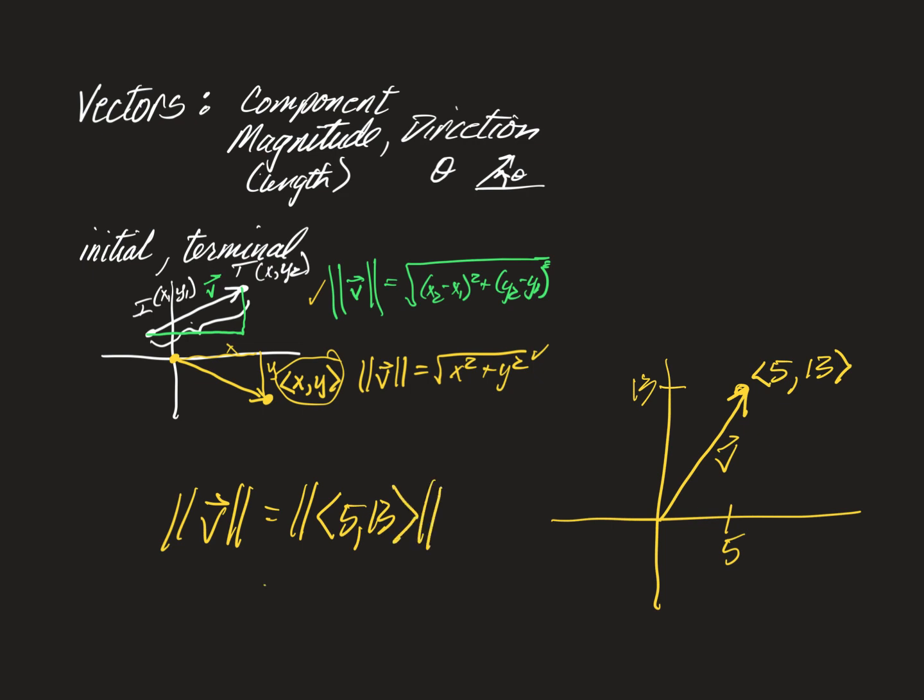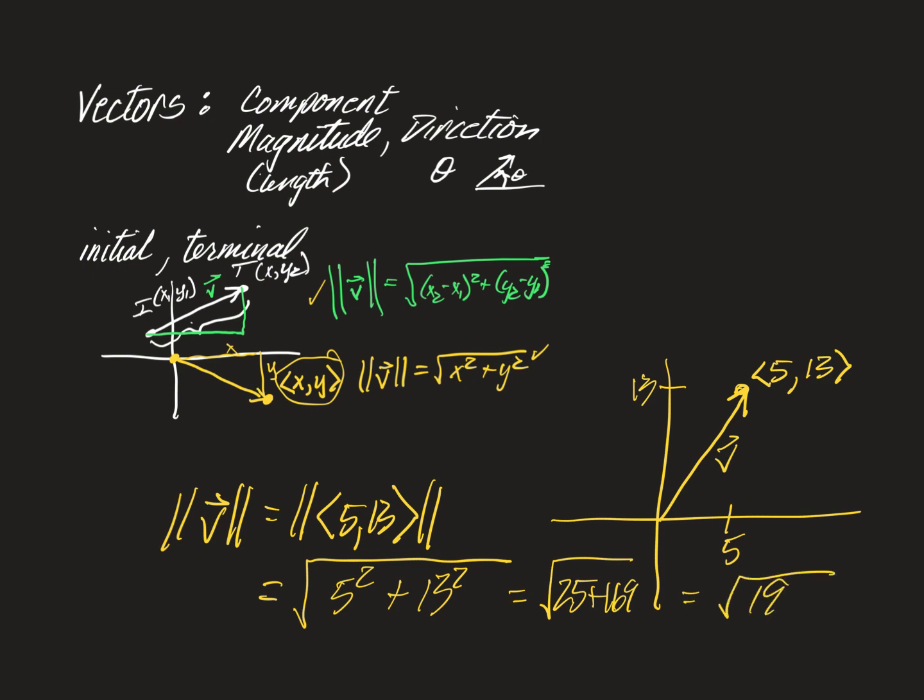You could write it like that. And that's just going to equal the square root of x squared plus y squared, which is 5 squared plus 13 squared, which is the square root of 25 plus 169, or the square root of 194. All right, and then you can simplify this, if it simplifies. It doesn't, so you could leave it like that. Okay, so that's really the first part of the problem.